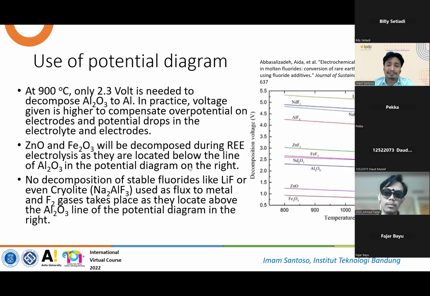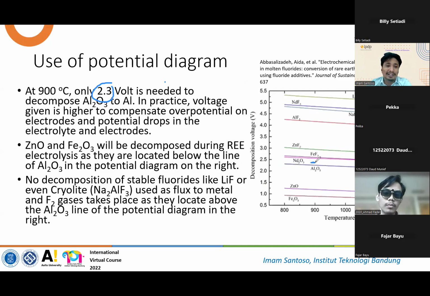So this is, for example, if you select at 900, the voltage is in here, 2.3. 2.3 is around 900 in here.